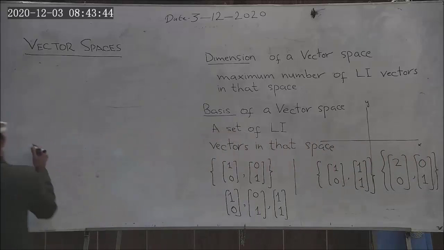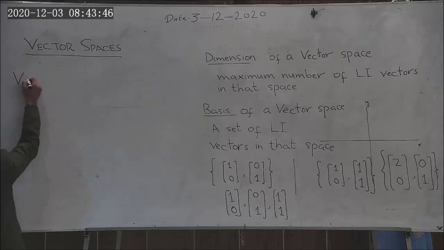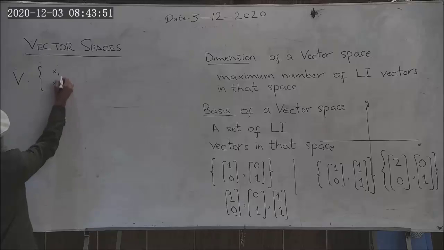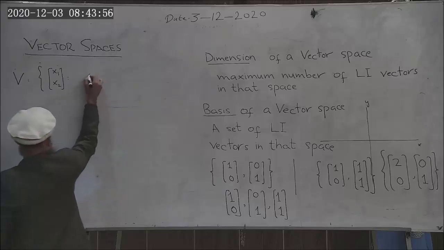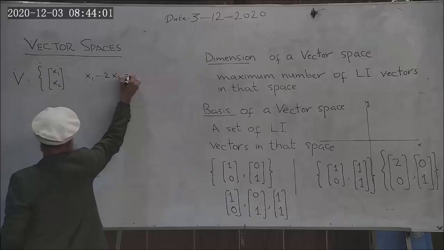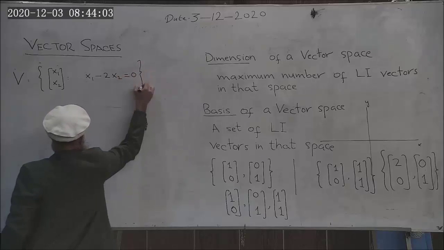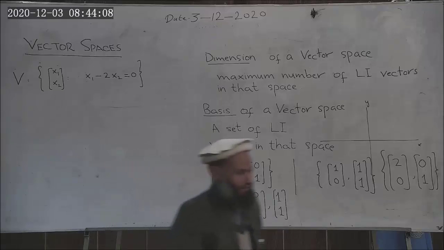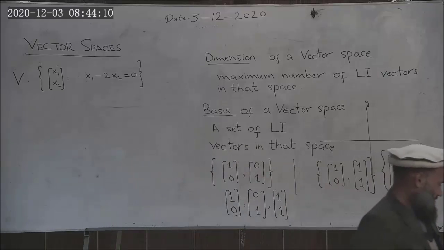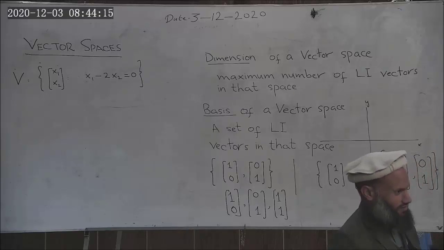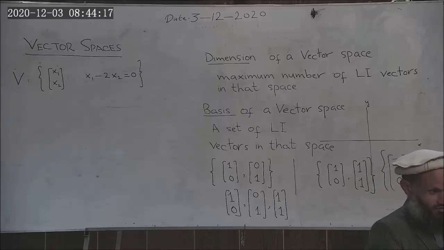In the last lecture, we talked about this vector space. Here is a vector space where x1 and x2 are real numbers. In the last lecture, we verified that this is a vector space because it satisfies those axioms.